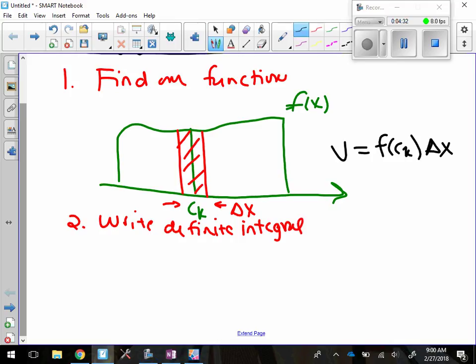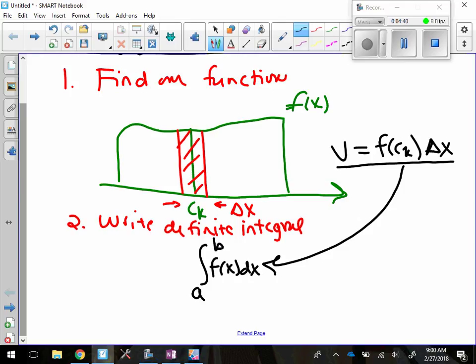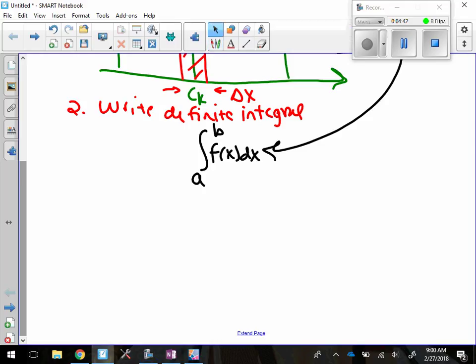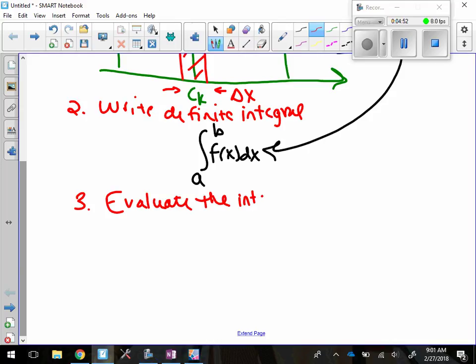So we're going to take this and turn it into some kind of integral from a to b of f of x dx. And then step 3 is just evaluating that integral, using all of the techniques that we have.